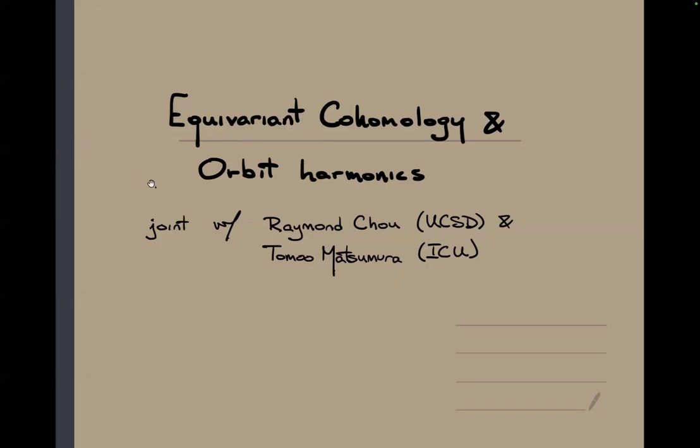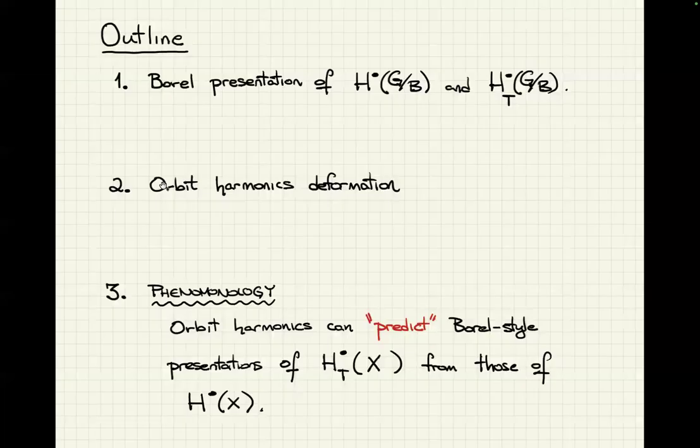Okay, outline. We're going to start just very classically. We're going to talk about and perhaps review the Borel presentation of the cohomology ring of the flag variety in type A. And when I talk about cohomology, by the way, I'm always going to work with complex coefficients just to make my life easier, although much of what I say can be generalized to integer coefficients just fine.